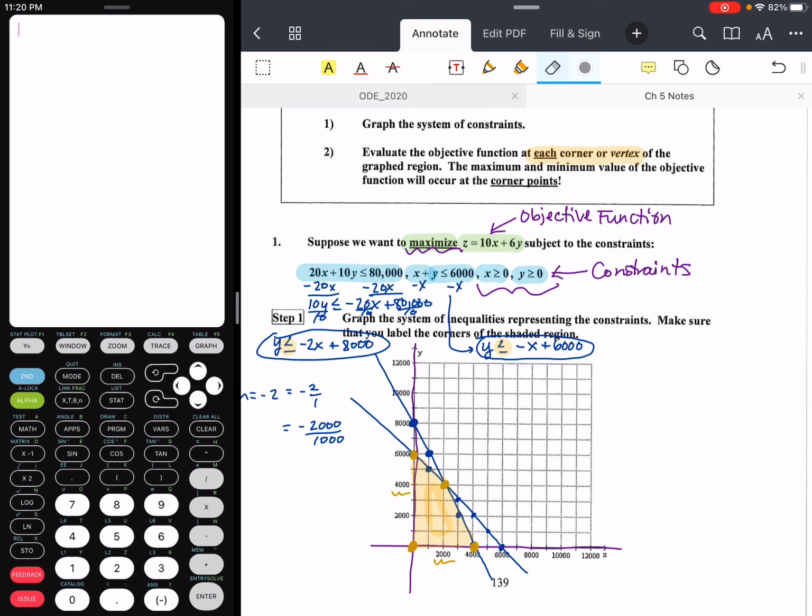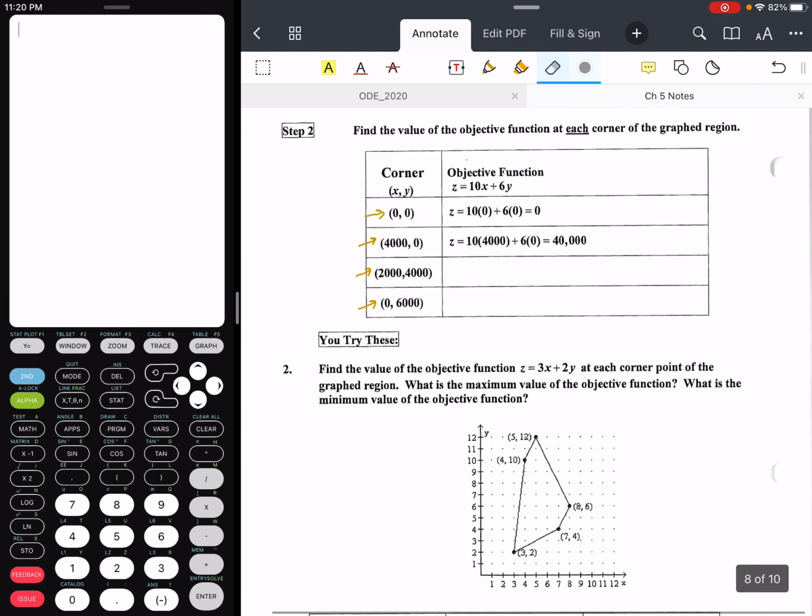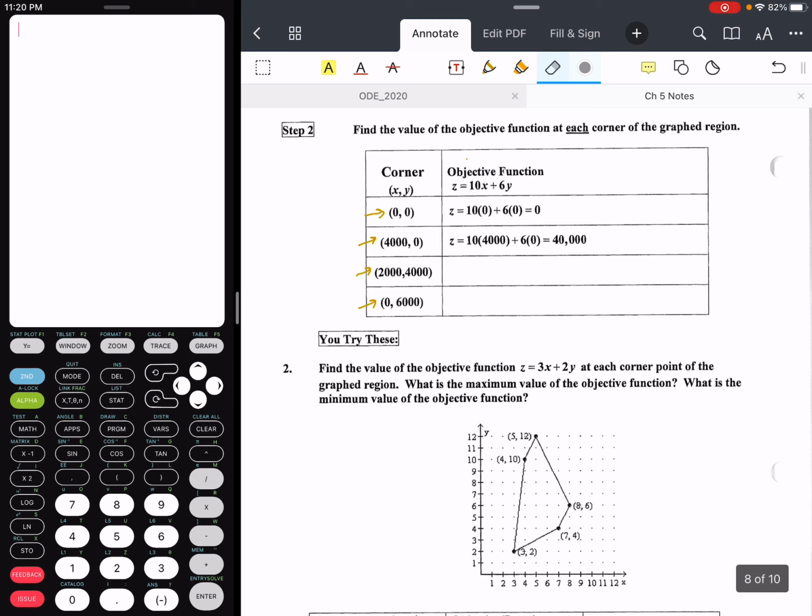And then the maximum and minimum value of the objective function will always occur at the corner points. So remember, we had the objective function z equals 10x plus 6y, which is rewritten down here. I'm going to evaluate that objective function at each of these corner points.